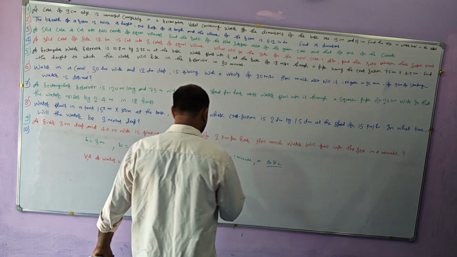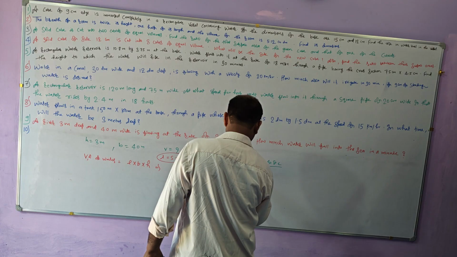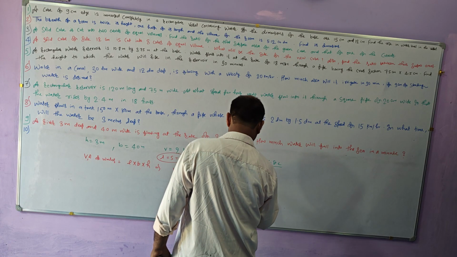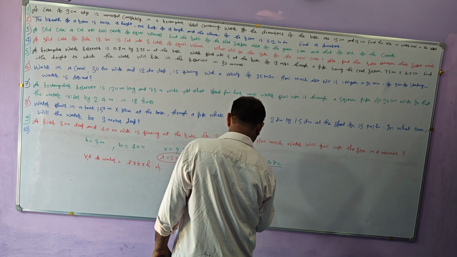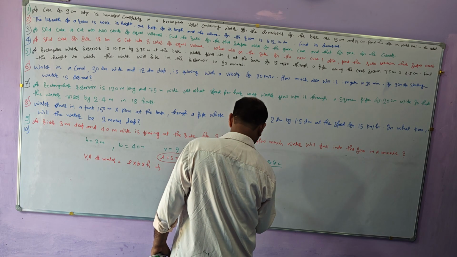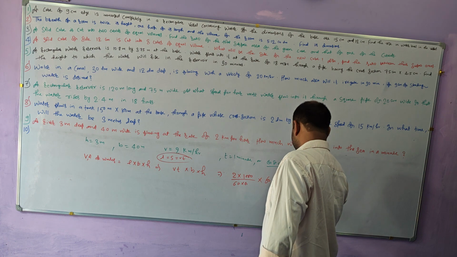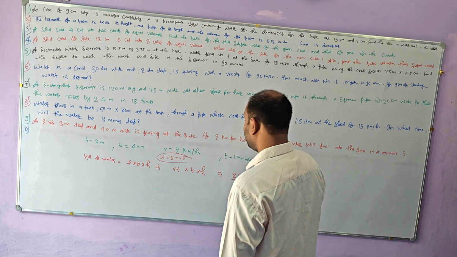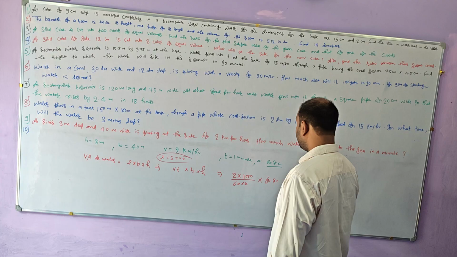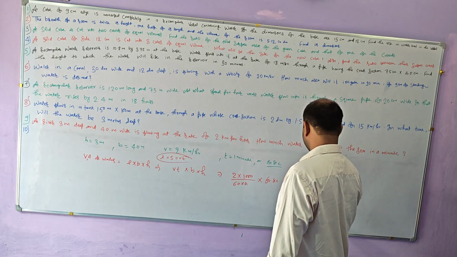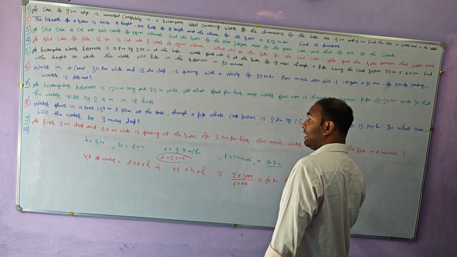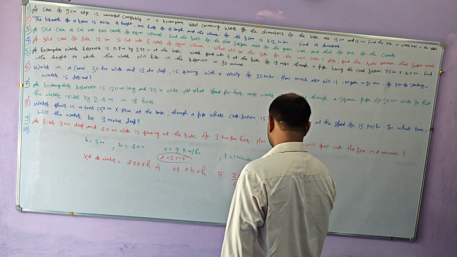We can also convert it into meter per second, with 60 into 60, and there is also time, 60 seconds. So we multiply, and we have base 40 and height 3.